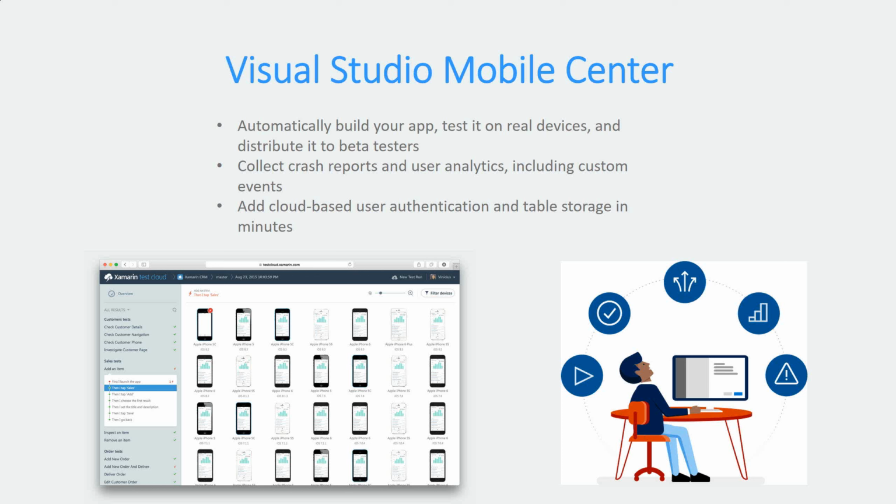They also provide analytics, including custom events. So if you want to track where your user is going, from the home screen, which list are they going to, or what are they viewing, you can do all of that.